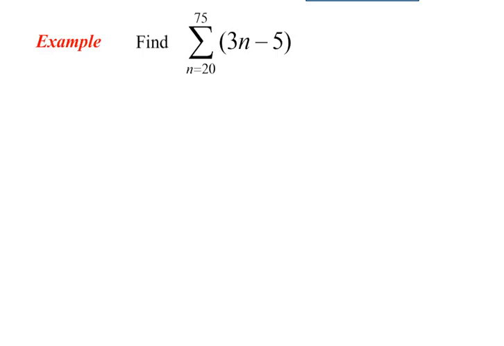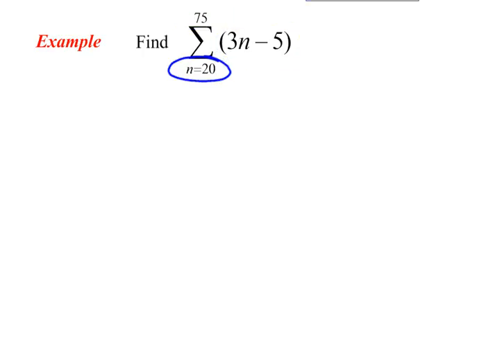Our final example looks very much like the problems we did in the last lesson. We have the sigma notation here. We know sigma stands for the sum. We are being asked to find the sum of the 20th term through the 75th term of the formula 3n minus 5.